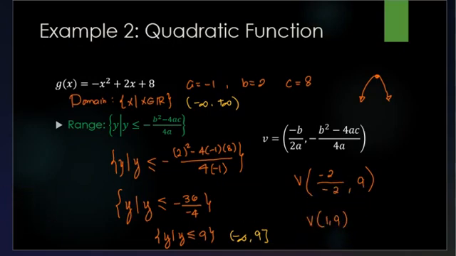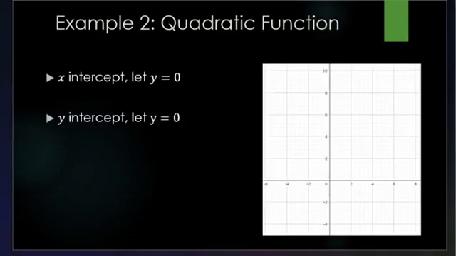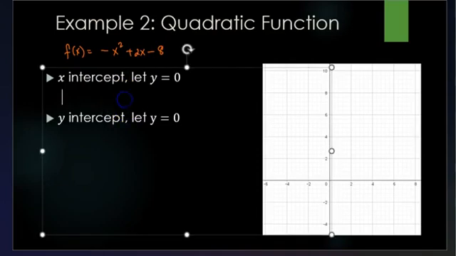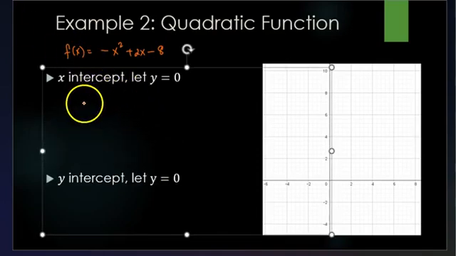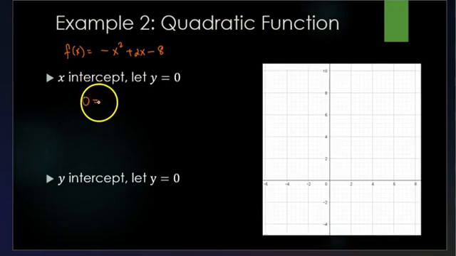To help us graph, we would be looking for the x and y intercepts. Let's write the equation again. Our function is negative x squared plus 2x plus 8. To look for the x-intercepts, we have to solve the equation 0 equals negative x squared plus 2x plus 8. We can move everything to the other side so that the negative becomes positive if you are more comfortable solving with a positive x squared.